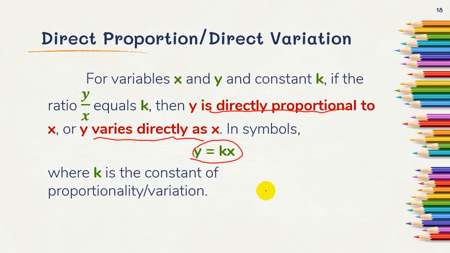What is the relationship between the quantities here? If the first quantity increases, the other one also increases. That's why we call it direct variation. If the first quantity decreases, the other one also decreases. What is the best example? The price of gasoline and the fare in the public utility vehicle. If the price of gasoline goes up, the price of the fare will go up as well.